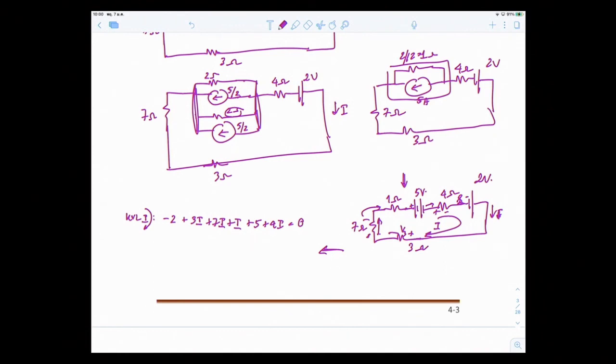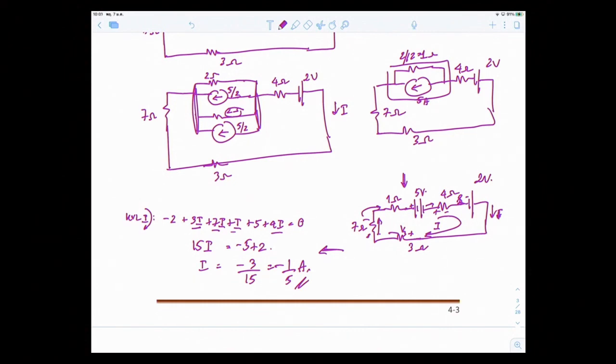So therefore, 7I plus 3I is 10I, plus 1I is 11I, plus 4I is 15I. 15I equal to 5 minus 5 plus 2, so I is equal to minus 3 over 15, or minus 1/5 amps. So you get your answer as your current I.